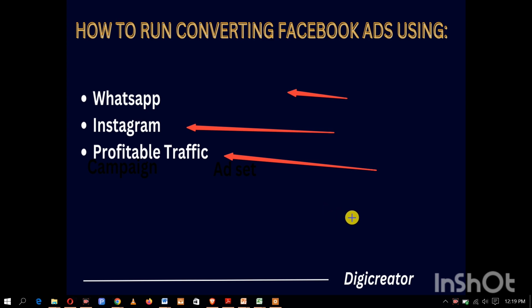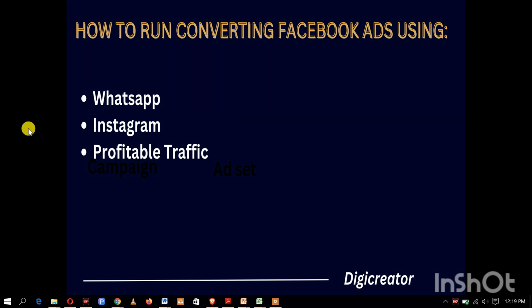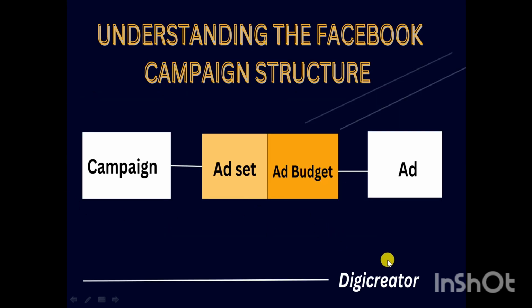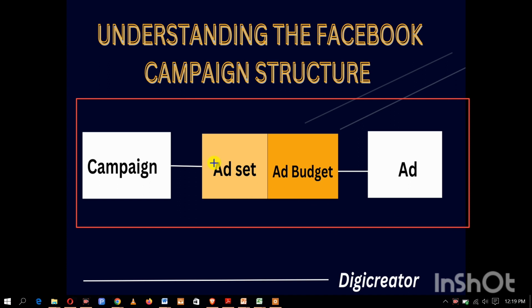I also made mention when we started that in the campaign structure, we have 3 levels to running an ad. So we are going to look at that in the WhatsApp mode of running Facebook ad. I want you to follow me gradually, step by step, as we do this together.